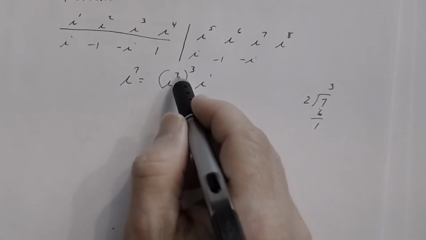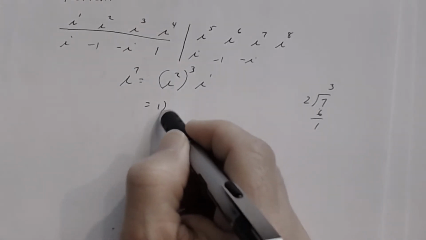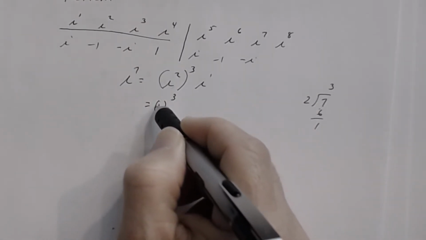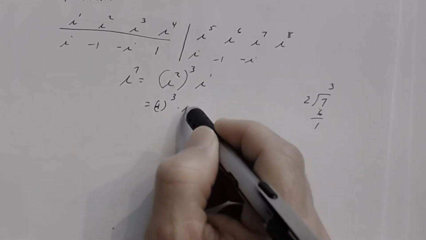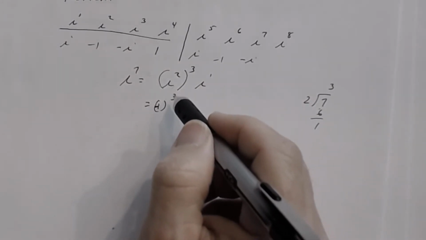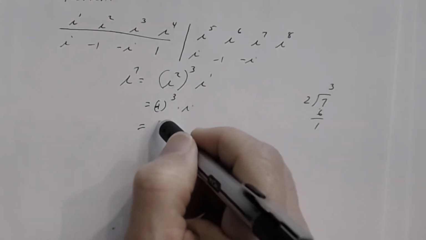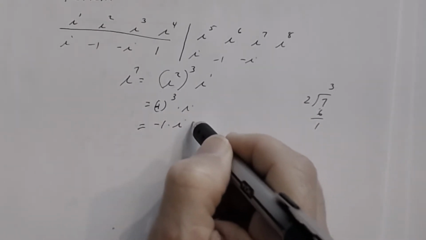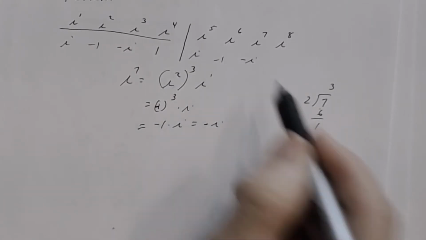Okay, so i squared we know is negative 1, raised to the third power, negative 1, that's negative 1 right here, times i. And I know that a negative number raised to any odd power is negative. And so negative 1 times i is negative i, and that's what we saw here.